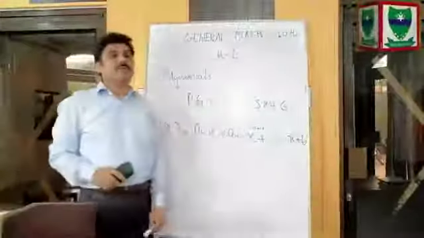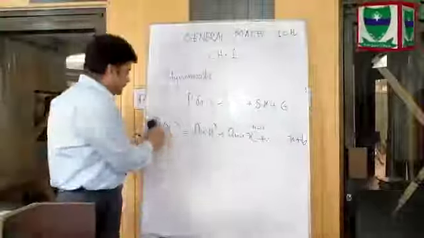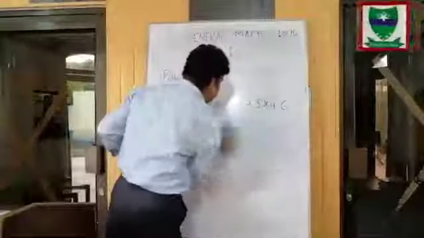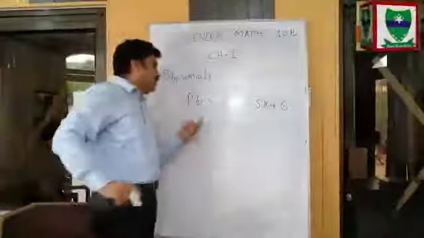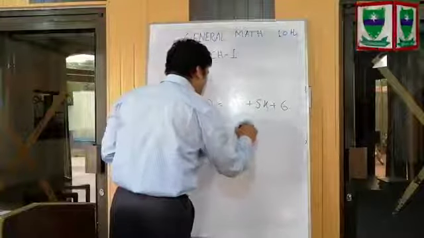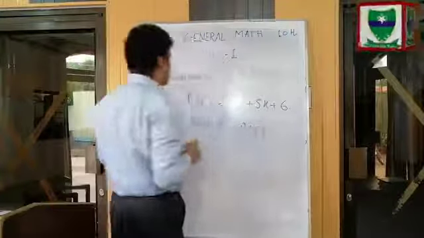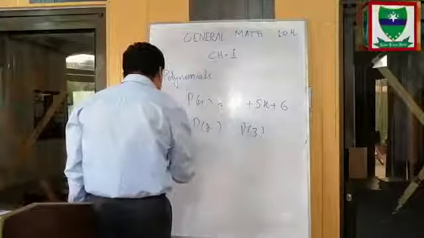We now solve some example. Here we want to find the value of P of 2, P of 3. We just put x is equal to 2.